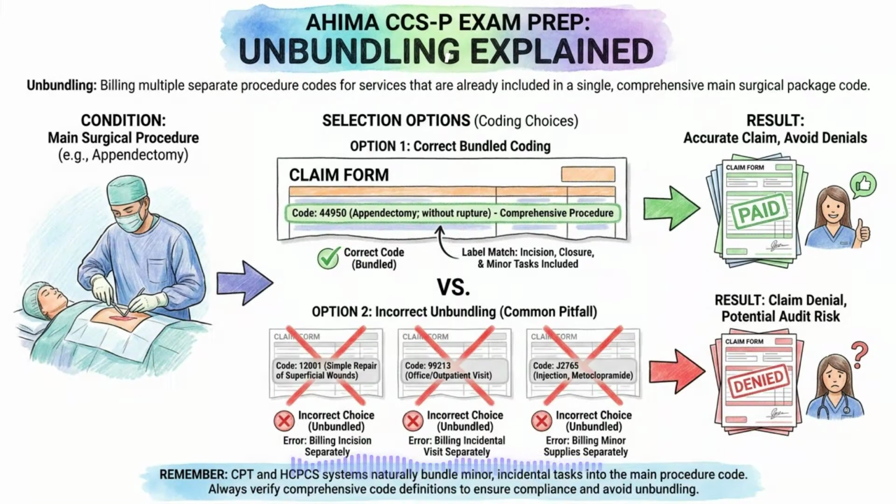For example, the act of making the surgical incision and closing the wound with stitches is always bundled into the main surgery code and should never be billed separately. Recognizing what is bundled versus what is separately reportable is a key skill you will continue to develop throughout this course.